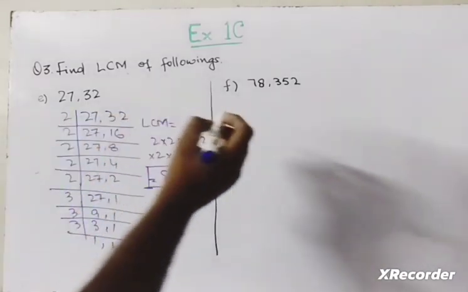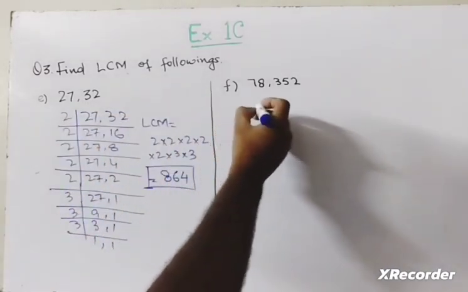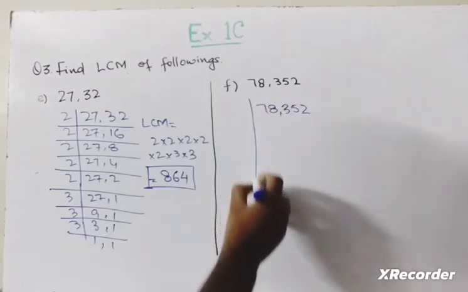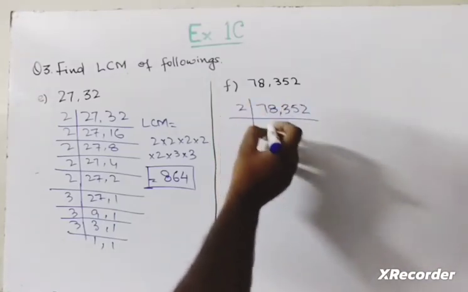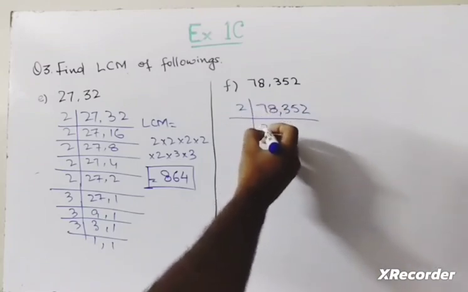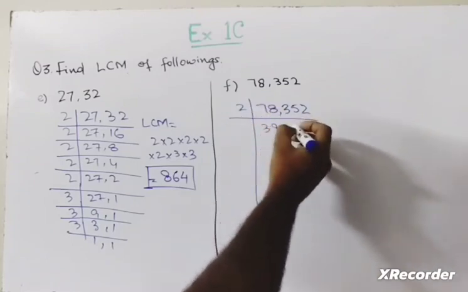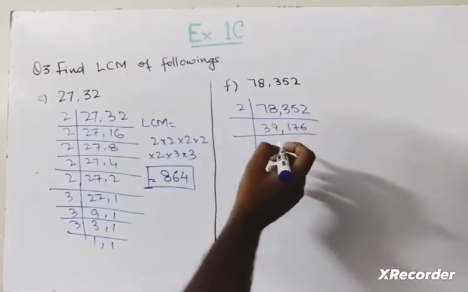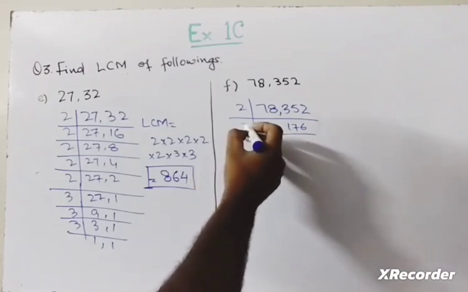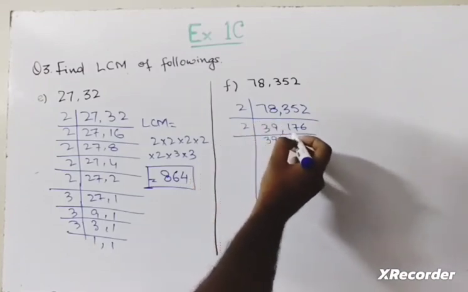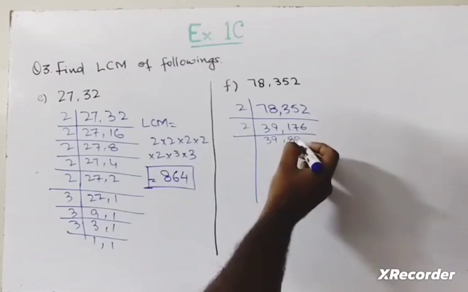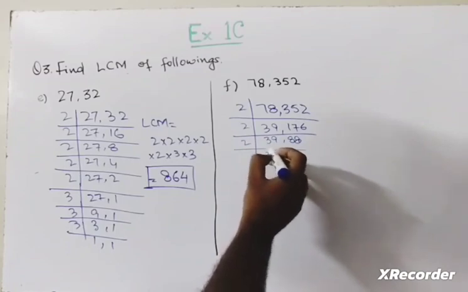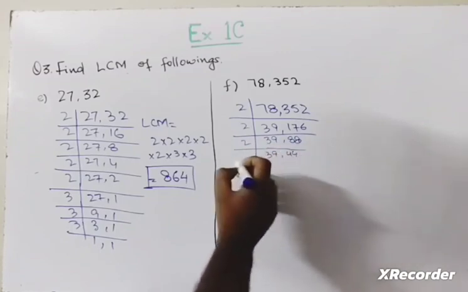Now for the last part, F, 78 and 352. 78 and 352, with 2 we get 39, 176. With 2 we get 88. With 2 we get 44.